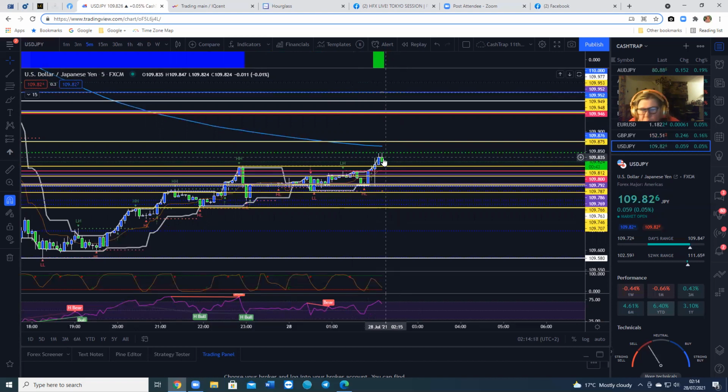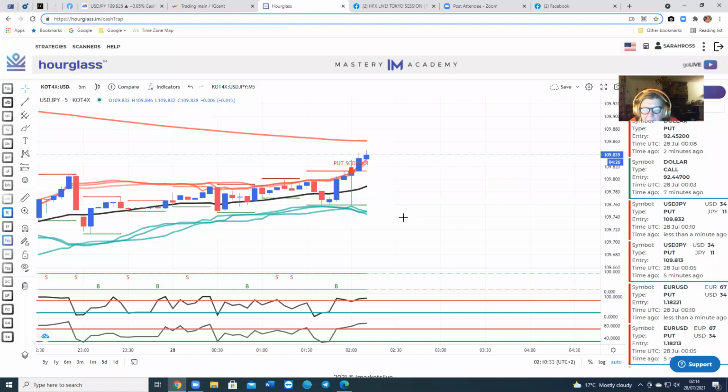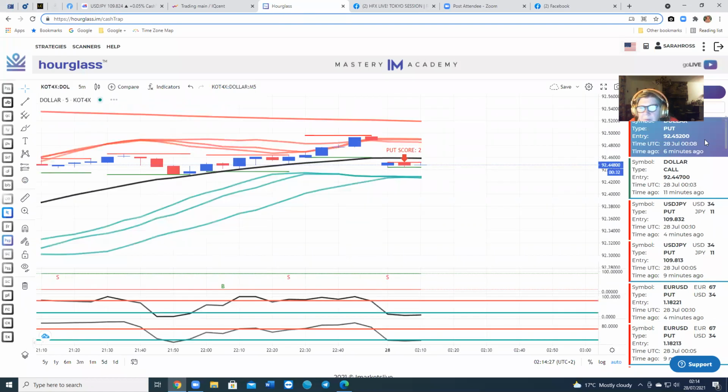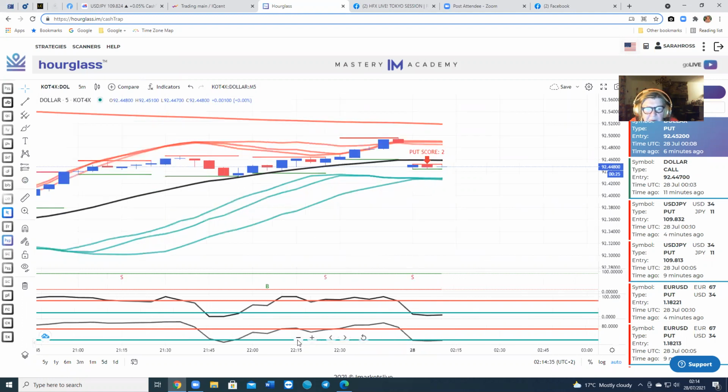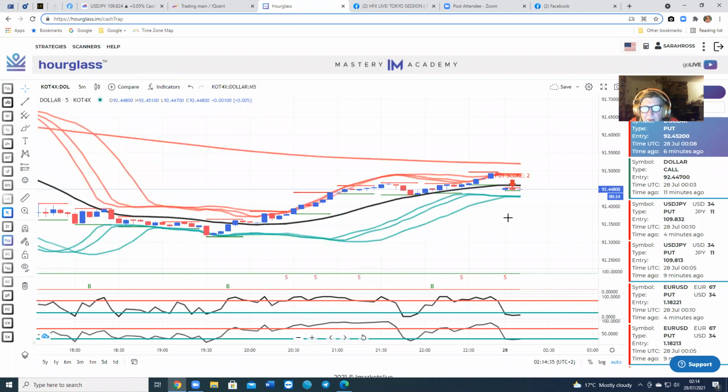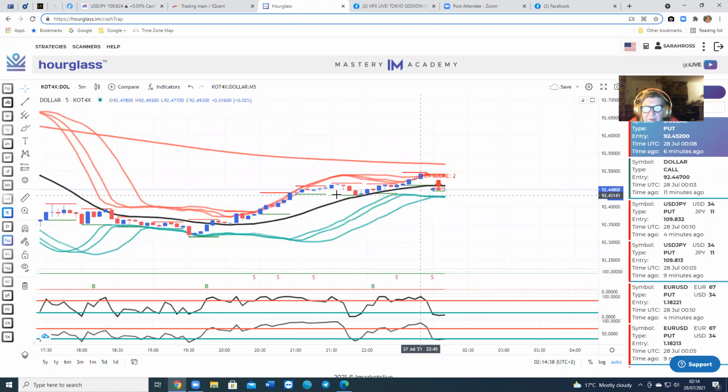So 14 minutes past. I have got it in that overbought area. It is a put on the dollar, but it is in the oversold area. The dollar tells us in real time its strength against a basket of other currencies.